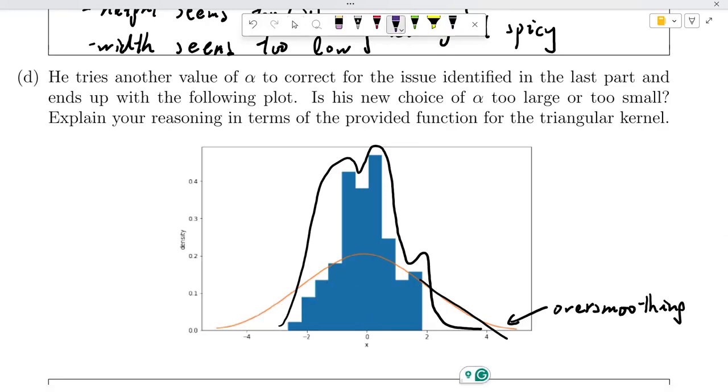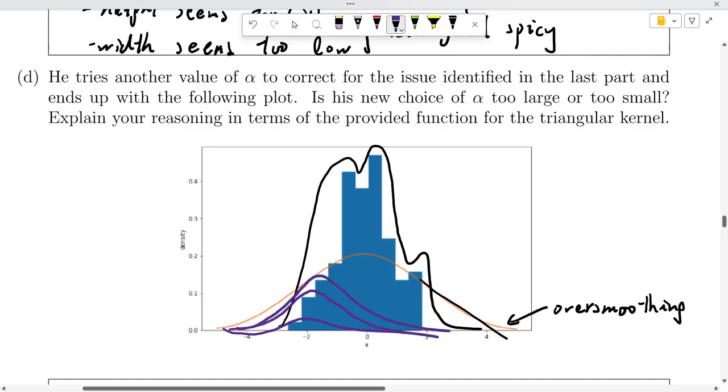Let me draw it in a different way. So maybe the kernels would look something like this. And it's too wide, so I'm going to draw it like this. And then you can imagine how many of these curves get stacked together eventually.